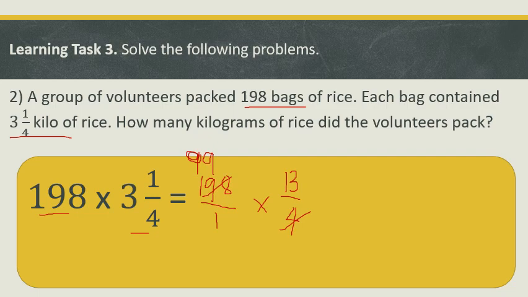Ang 4 divided by 2 is 2. Pwede natin siya i-multiply. Ang 99 times 13 is 1,287. 1 times 2 is 2. Ngayon, kapag dinivide natin ang 1,287 sa 2, makakuha tayo ng whole number na 643 and remainder na 1 over 2. So, magiging 643 and 1/2 kilograms. Ganyan po kabigat yung pinak ng group of volunteers.